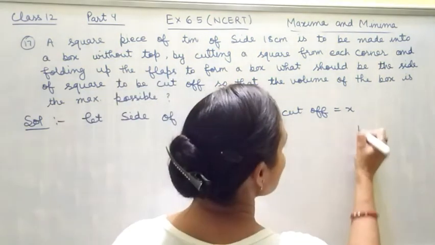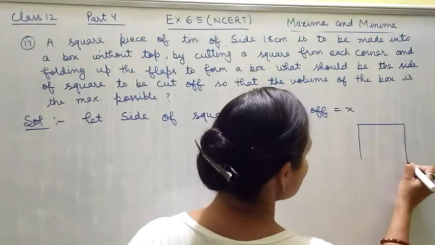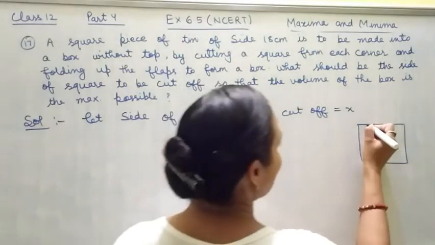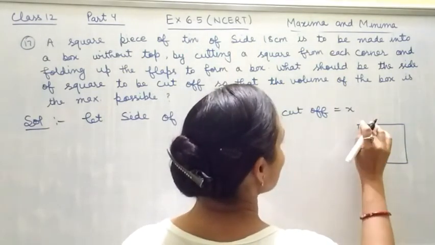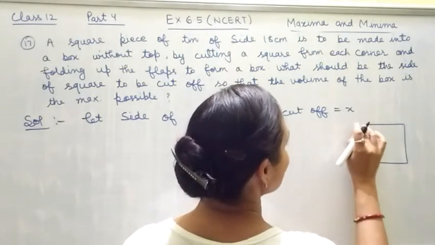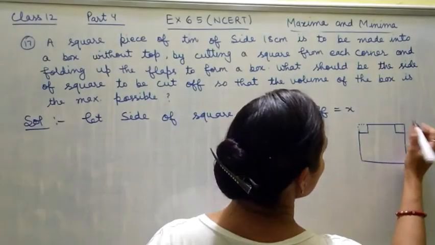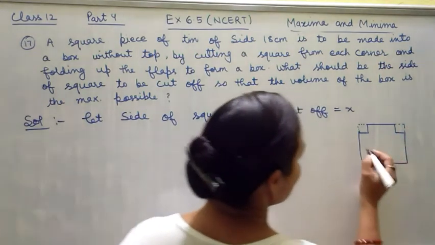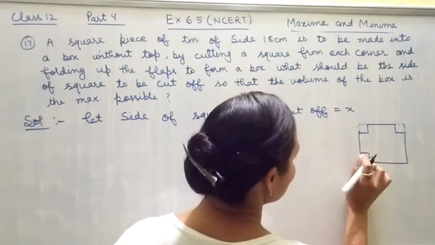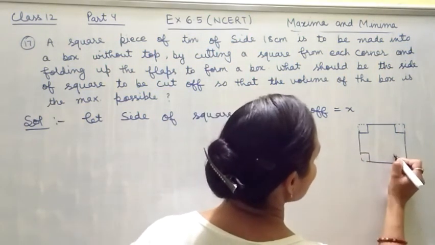If I take a square like this, a square piece of tin, I have to cut 4 squares from this, from each corner, right?